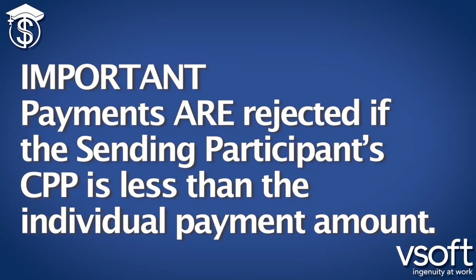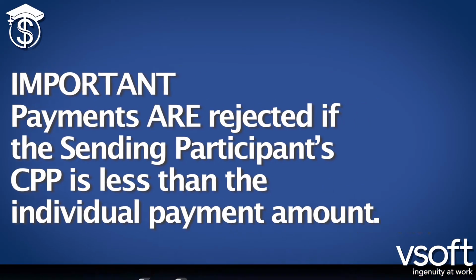Payments will only be rejected if the sending participant's CPP is less than the individual payment amount. In other words, just because you fell below the pre-funded requirement, that doesn't mean there weren't some funds still there. If you run out of money, then nothing is going to be sent.